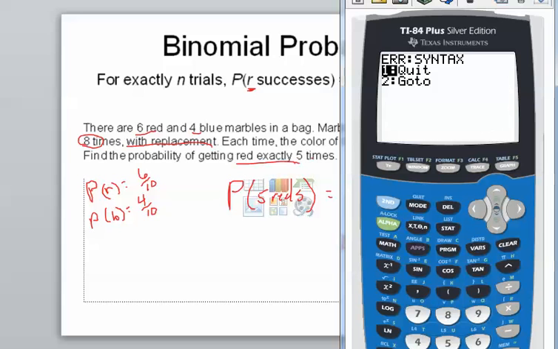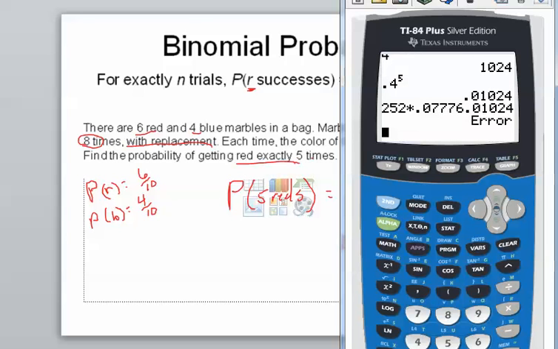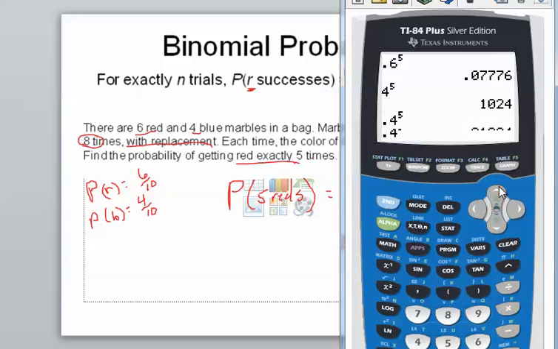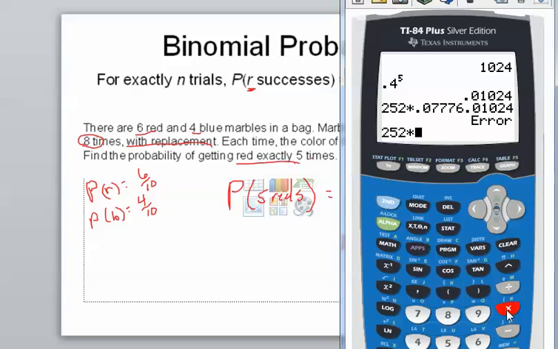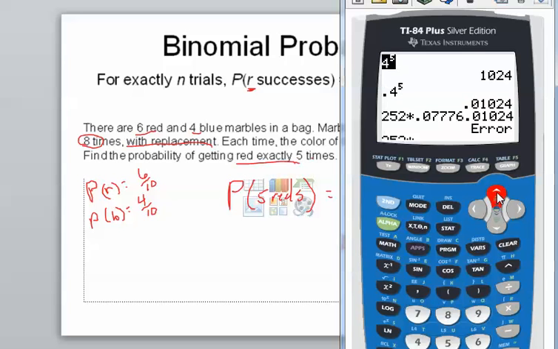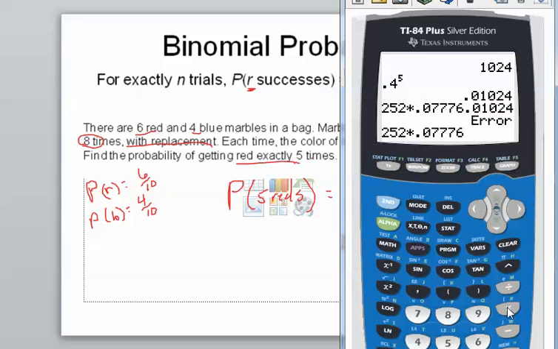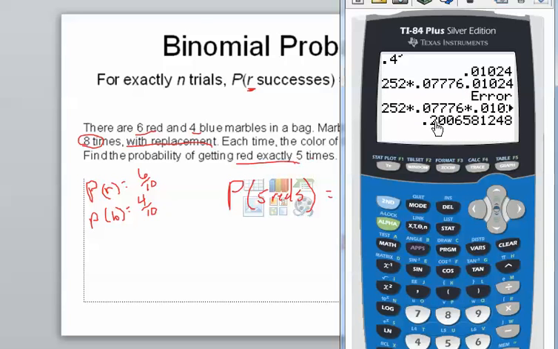And we multiply those all together, and what do we get? A syntax error. Oh, darn. 252 times 0.6 to the fifth times that one. And I hit enter on it, and I get 0.20.